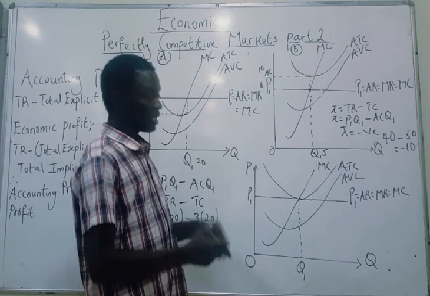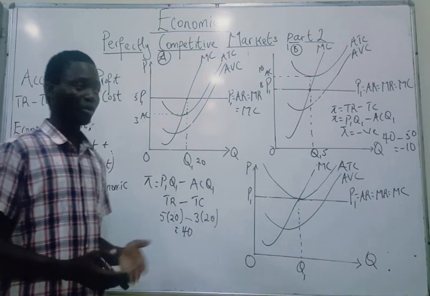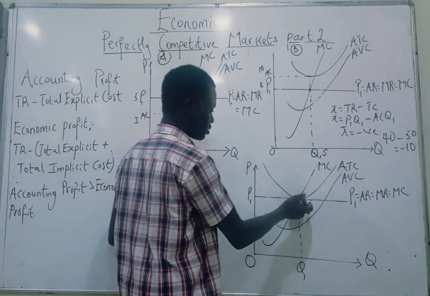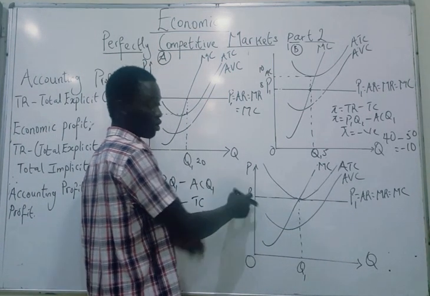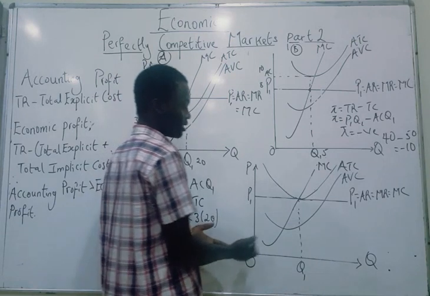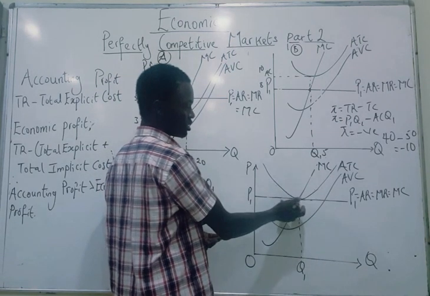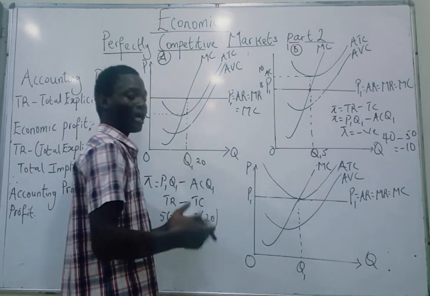So in that case, the price is also the average cost, because when we trace this out on the marginal revenue or demand curve, we get the price, and when we trace it out to where the average total cost curve is, we get the average cost.